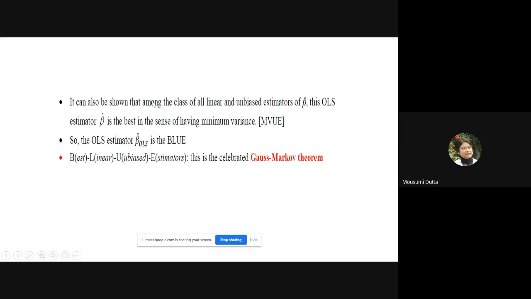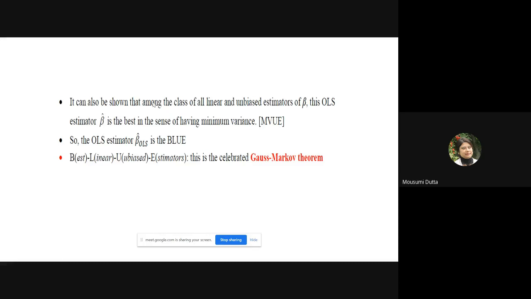Under the classical framework, that is, under all the classical assumptions we have considered regarding the random error term ui: zero mean of the random error, homoscedasticity, non-autocorrelation, covariance between xi and ui equal to 0, and ui following a normal distribution.